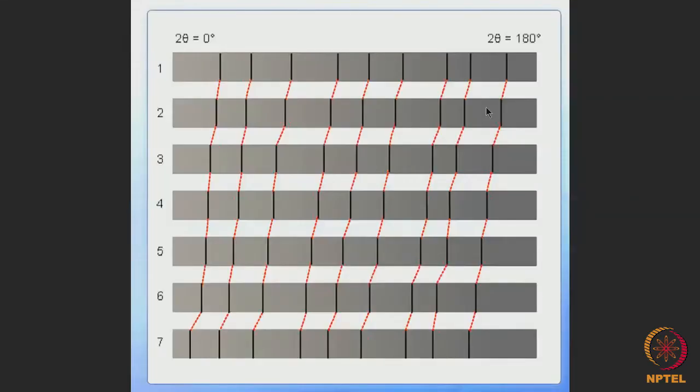The only thing that happens is the lines are shifted slightly toward the lower theta side, and for that reason for alloys 3, 4, 5 and 6, there will be a continuous shift of the lines towards lower theta values, and finally this will be the pattern for the pure component B.